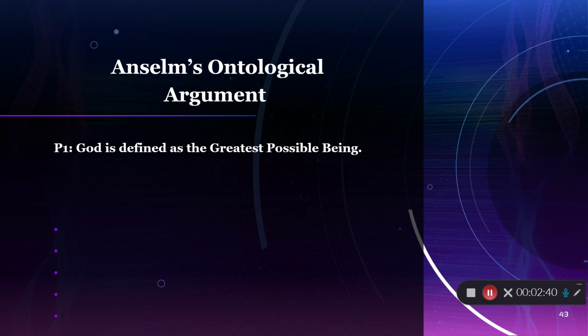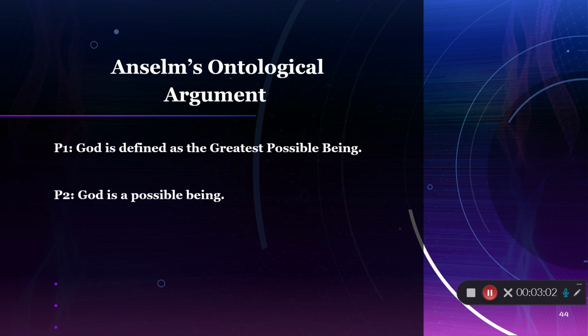Premise one: God is defined as the greatest possible being. This is merely a definition, and I want to come back to this in a second after I introduce premise two.